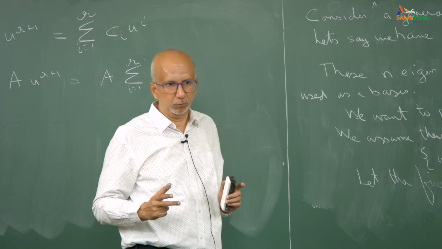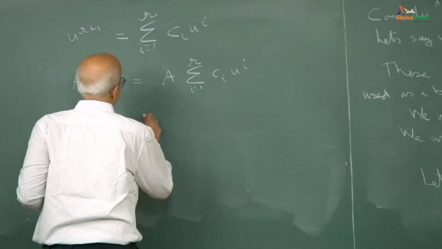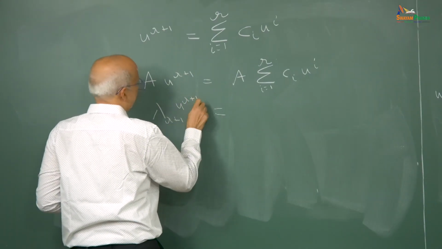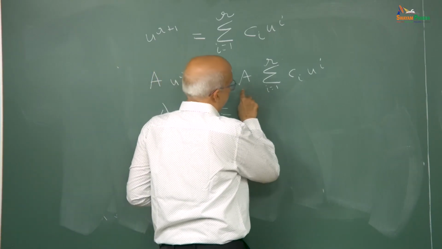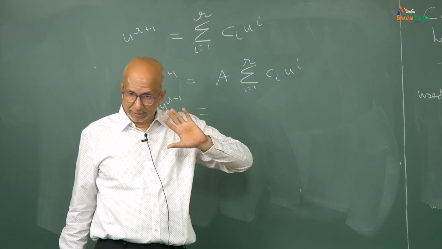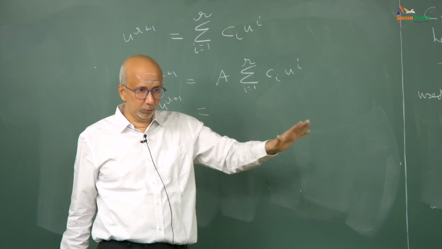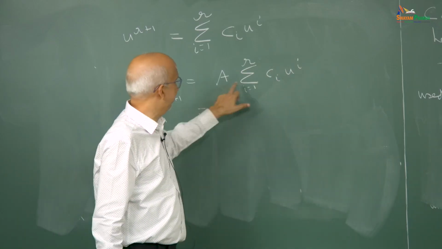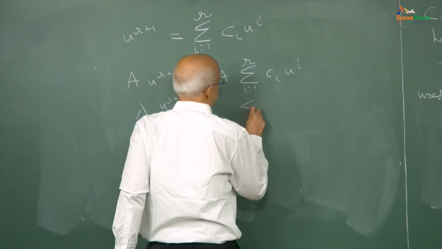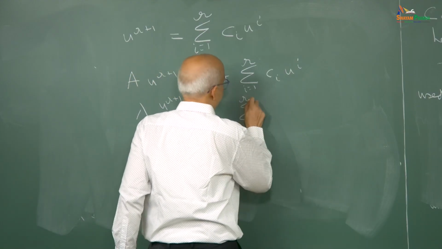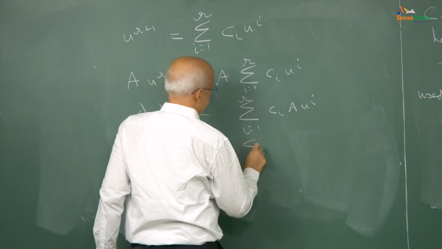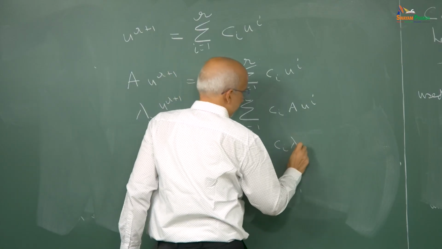A u is equal to lambda u. Okay. So, this I will write as lambda r plus 1 ur plus 1, and this is because of the definition of the linear operator, remember L times C1 U1 plus C2 U2 is C1 LU1 plus C2 LU2. So, I can take the A inside, C is a scalar. So, I can get this as sigma i equals 1 through r Ci A ui, which is sigma Ci lambda i ui.